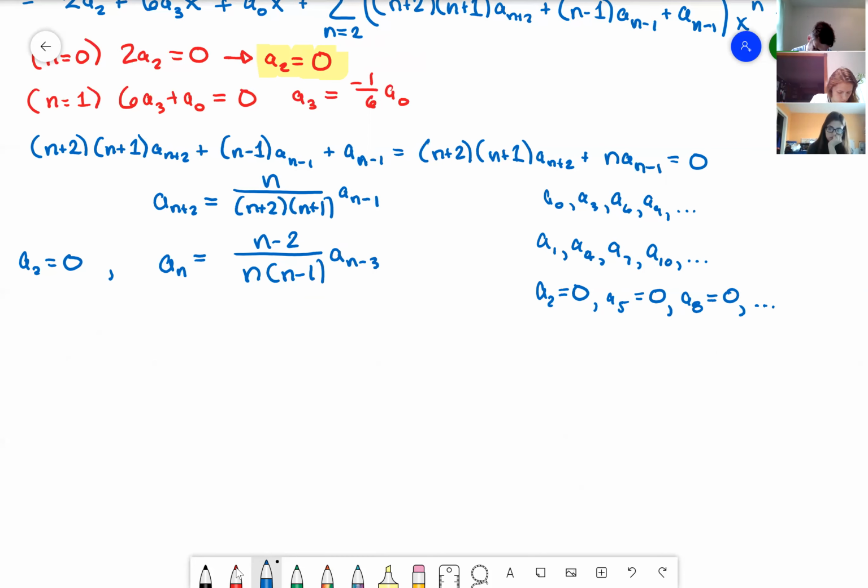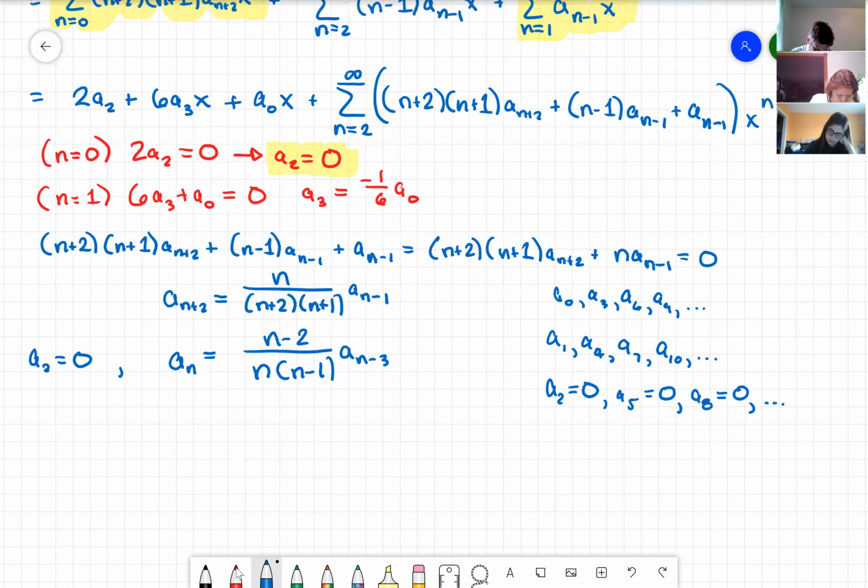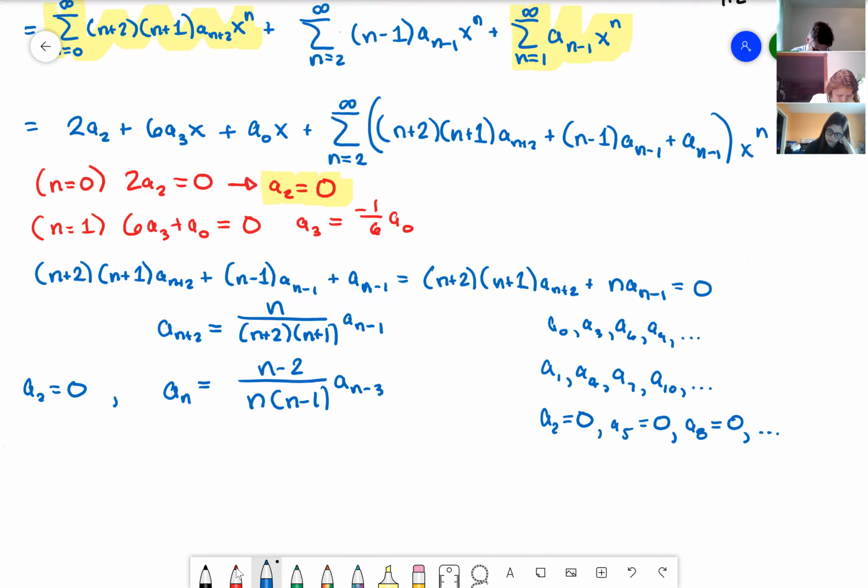Uh-oh. Did I make a mistake? Let me double check this and make sure I didn't make a mistake here. Negative 1/6.